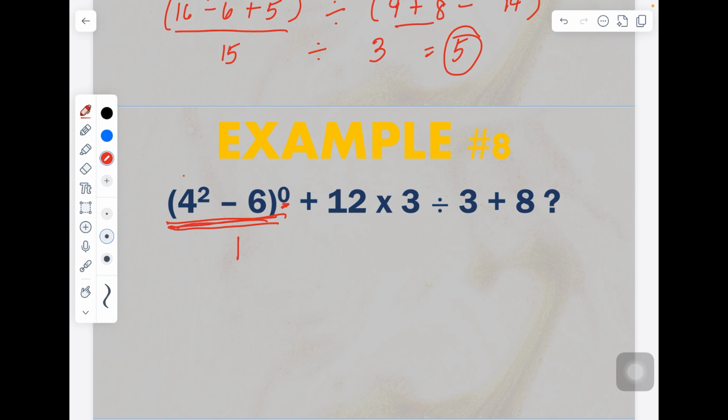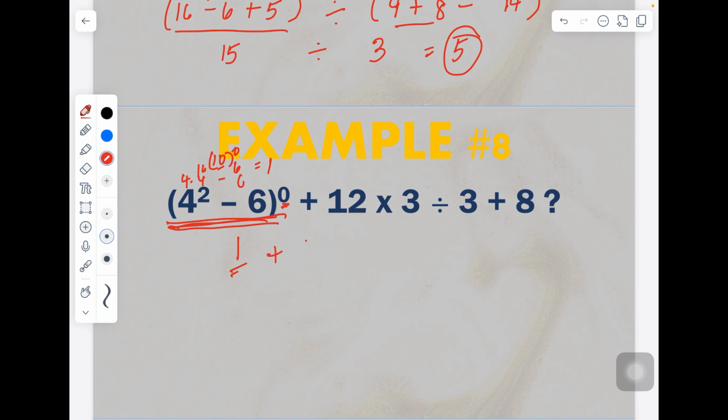You may do the long method, no problem. You may do 4 times 4 minus 6, 16 minus 6, 10 raised to 0 is equal to 1. But just to simplify and make your calculation faster, just write 1. That's why I'm here, to make your math a bit easier, less complicated.